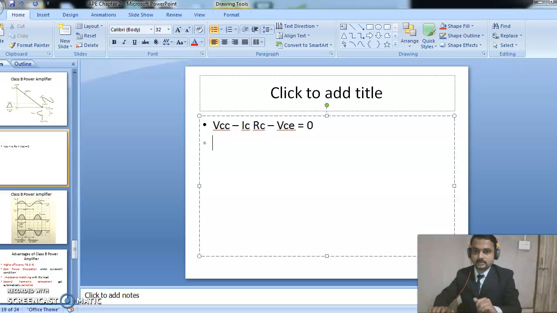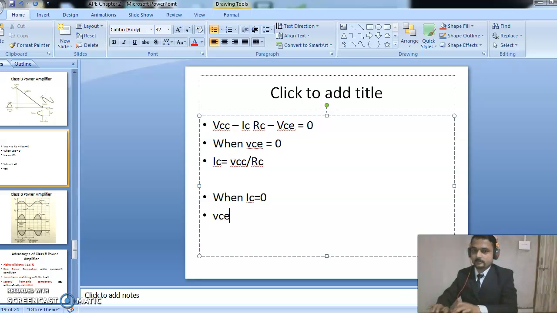When we put VCE equal to 0, we get IC equal to VCC upon RC. And when IC is equal to 0, VCE is equal to VCC.